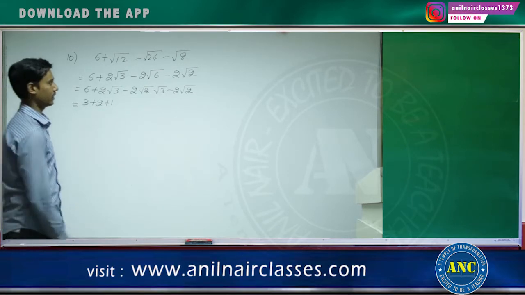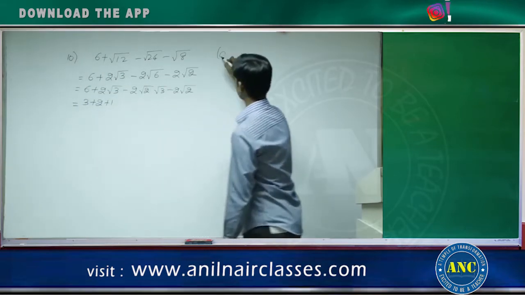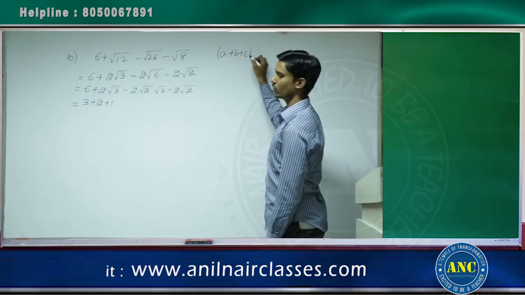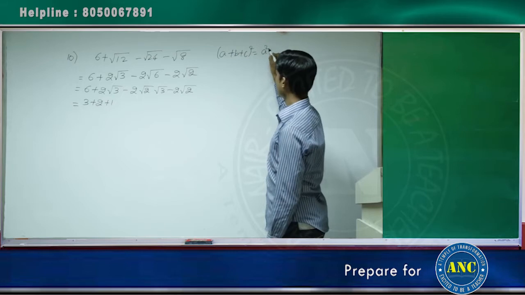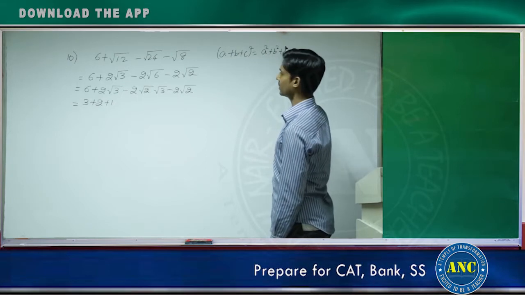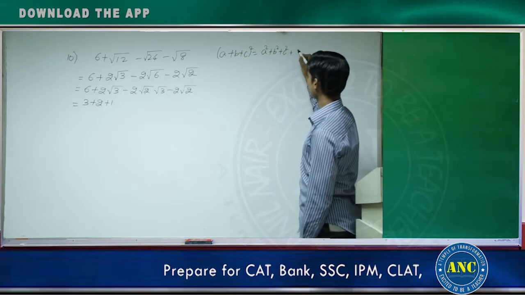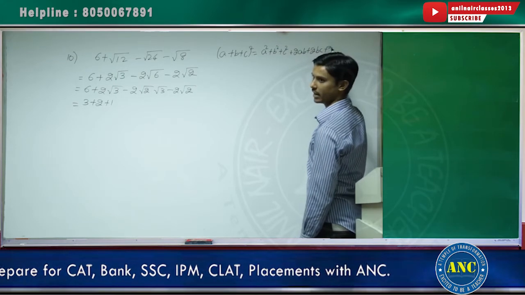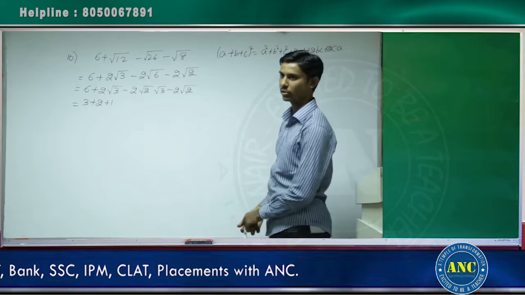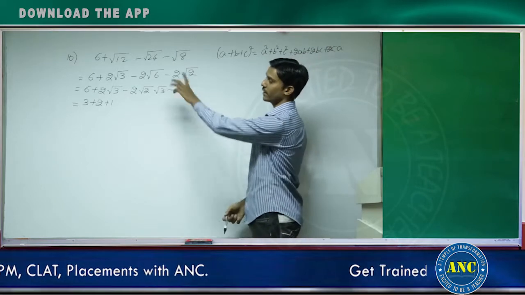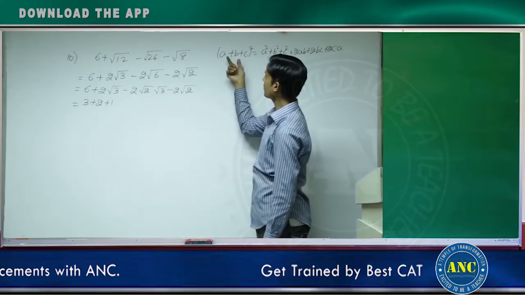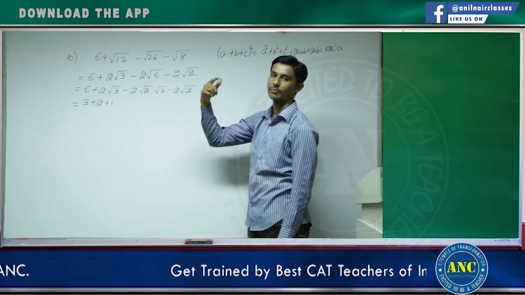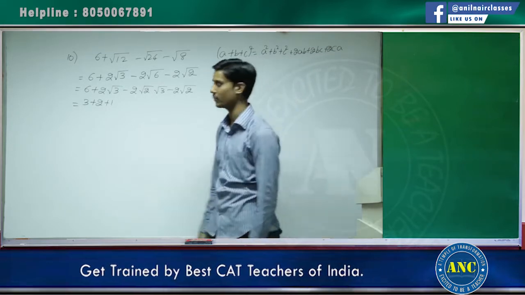If you observe, we have a formula: a plus b plus c whole square. This says a square plus b square plus c square plus 2ab plus 2bc plus 2ca, right? Our intention, because we are finding the square root of it, is to make it as a plus b whole square or something square, right? We need to make it as something square.